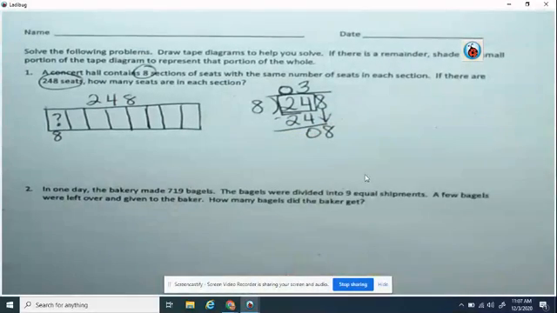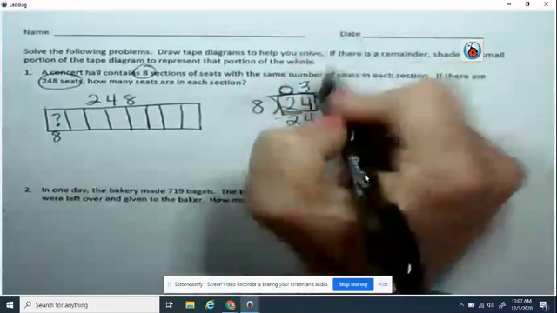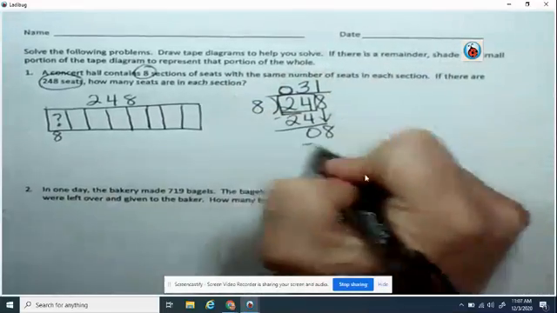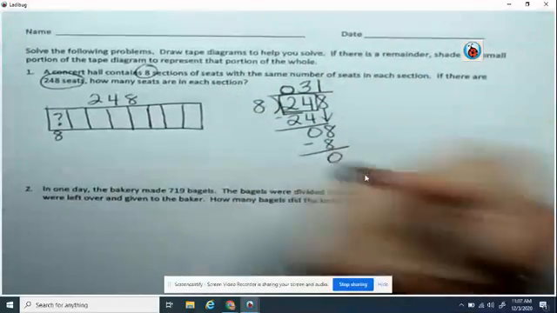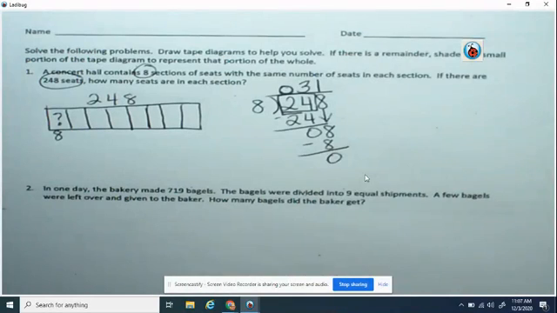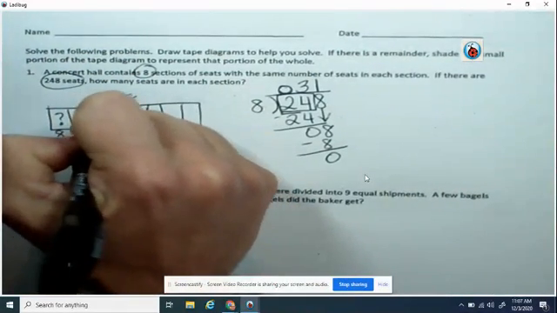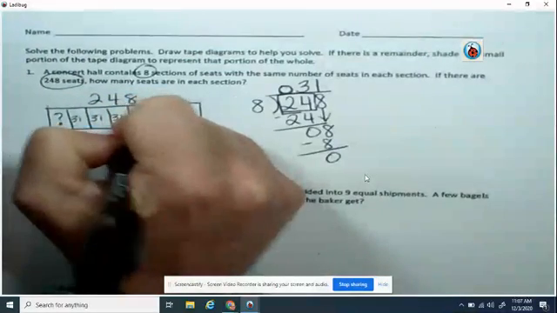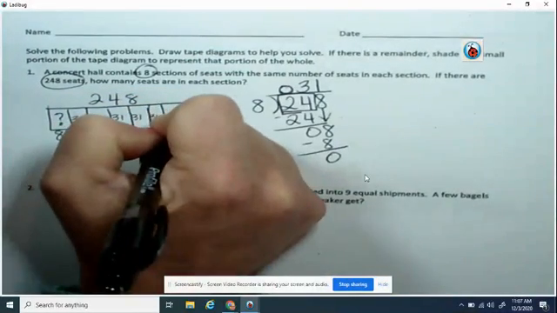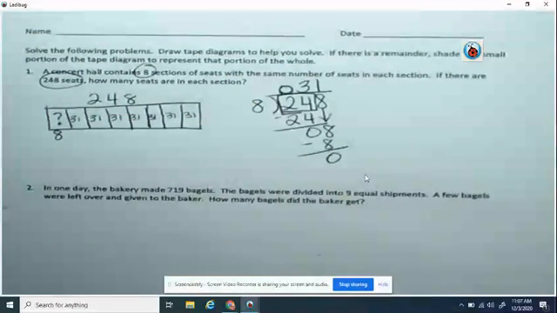Bring down the 8. Okay. 8 times 1 is 8. I have nothing left. So my answer is going to be 31. So each one of these would be 31 seats in each of those sections.